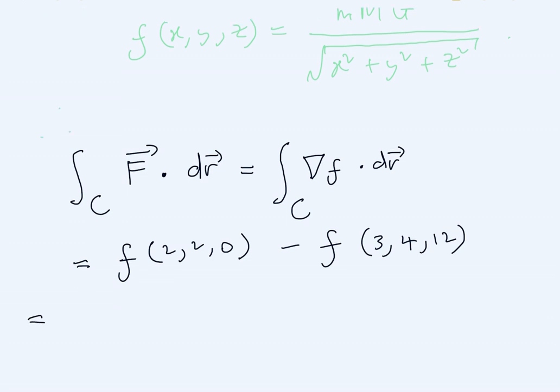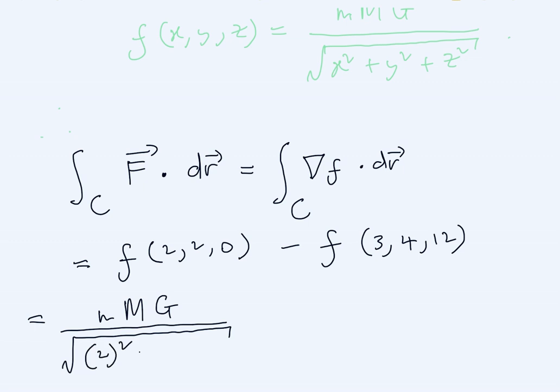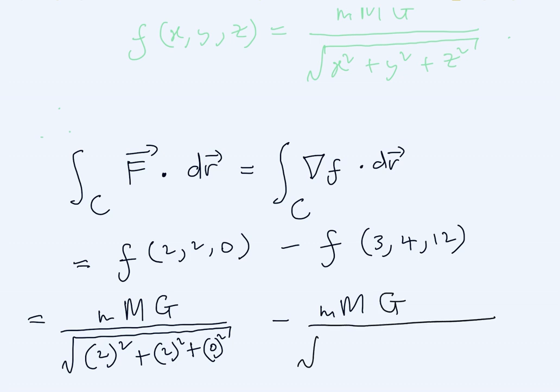This is equal to small m multiplied by big M multiplied by big G over the square root of 2 squared plus 2 squared plus 0 squared, minus small m times big M multiplied by G divided by the square root of 3 squared plus 4 squared plus 12 squared.